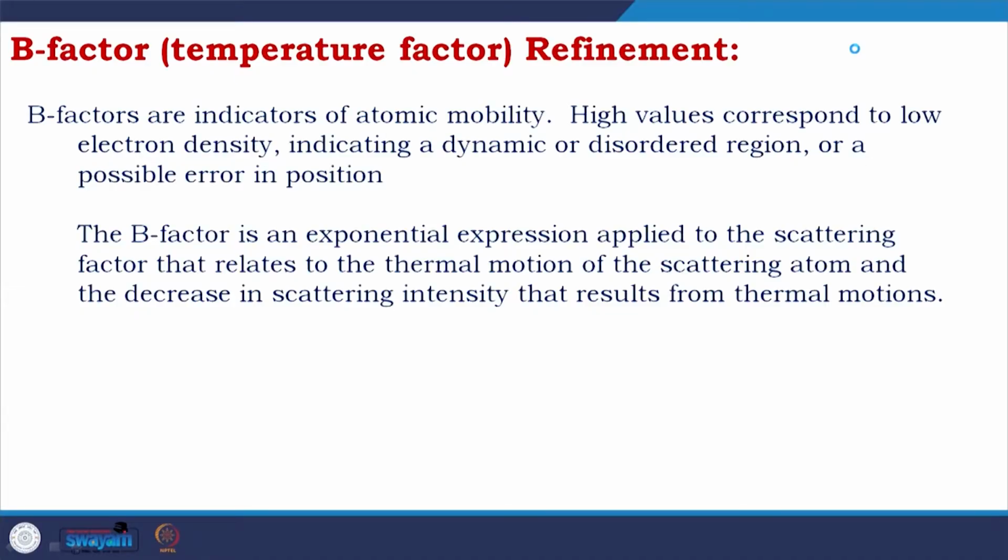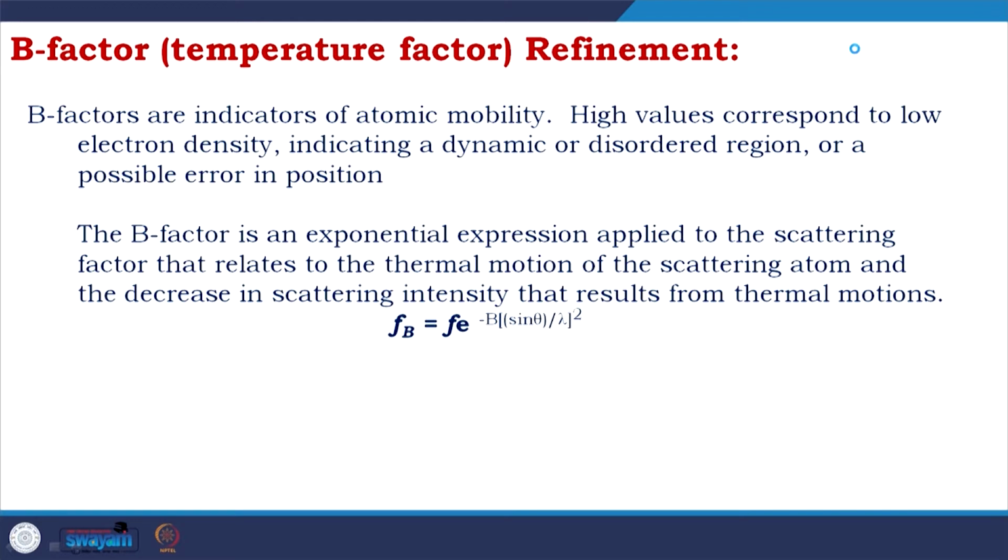The B factor is an exponential expression applied to the scattering factor that relates to the thermal motion of the scattering atom and the decrease in scattering intensity that results from the thermal motion. So, basically it is correlated to the thermal motion, that is why it is proportional or correlated to flexibility.